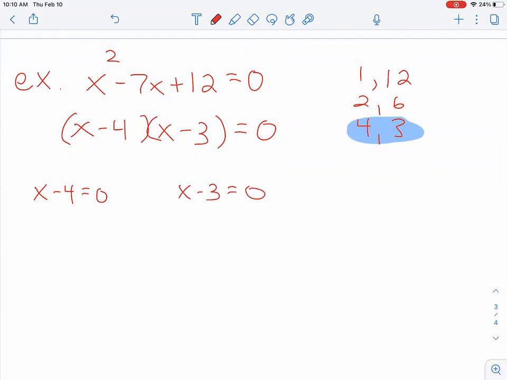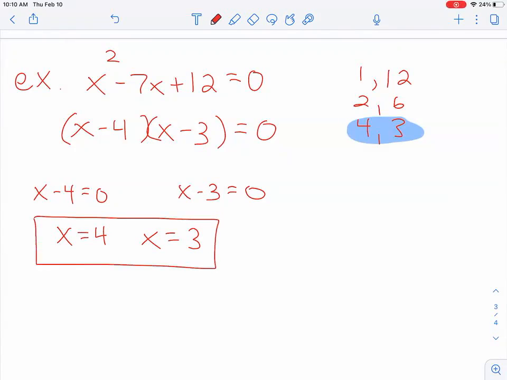We set both things equal to 0. It's called the zero product property. I'll go back to that in just a second, but let me finish it off because we're just one step away. So over here, if I add 4 to both sides, x equals 4. And on the right side, if I add 3 to both sides, x equals 3. Those are my two answers.